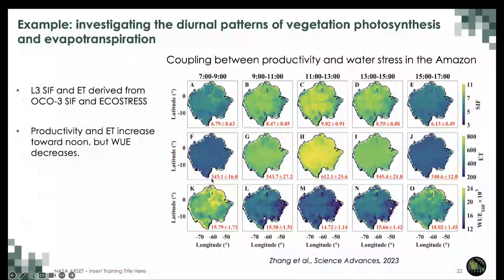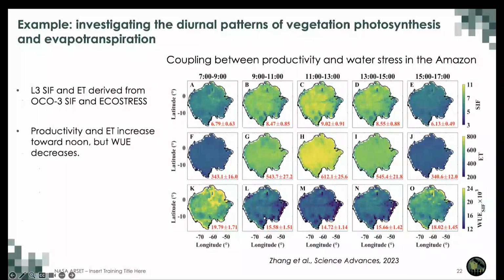Here I show an example of using both SIF and ET from ECOSTRESS to investigate the diurnal patterns of vegetation photosynthesis and the coupling between the water cycle and the carbon cycle. The top two rows show the SIF diurnal patterns and ET diurnal patterns over the Amazon.